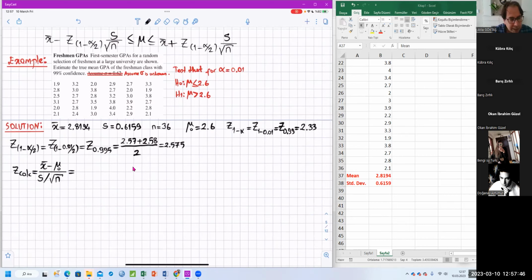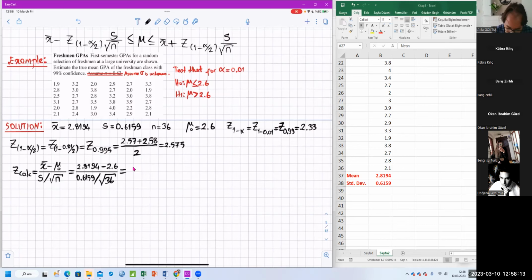So I can easily get this done. The X bar is 2.8194 minus 2.6, divided by the sample standard deviation 0.6159, divided by the square root of 36.